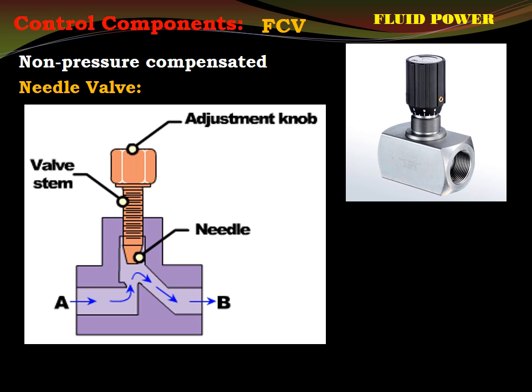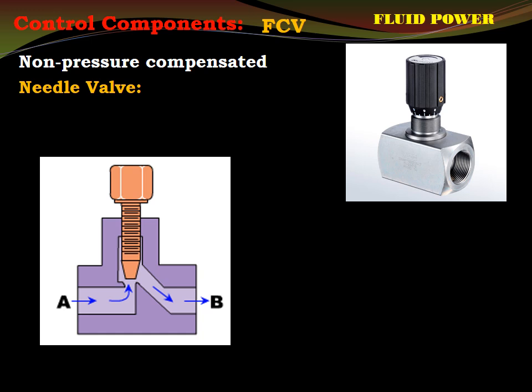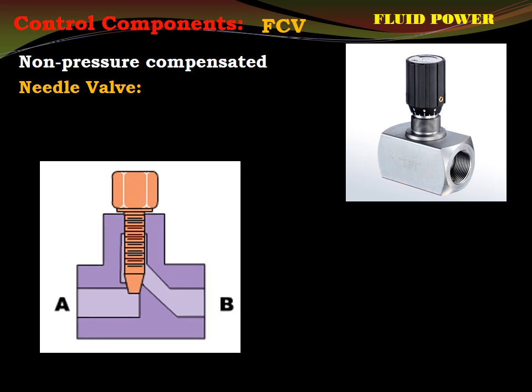If we turn in, it is coming down and squeezing the passage, right? If we do it further, it can completely close it. So this way we can control the opening. If we unscrew it, the reverse will happen.